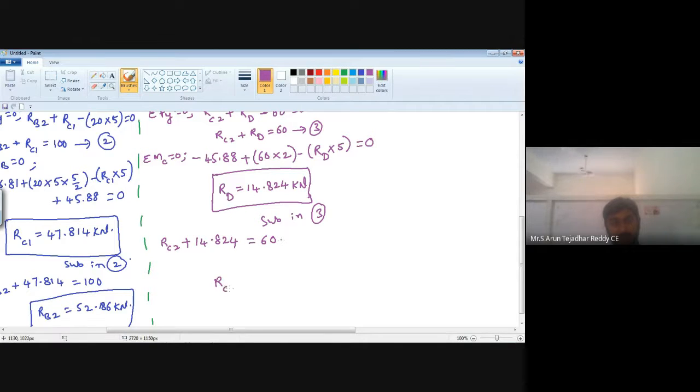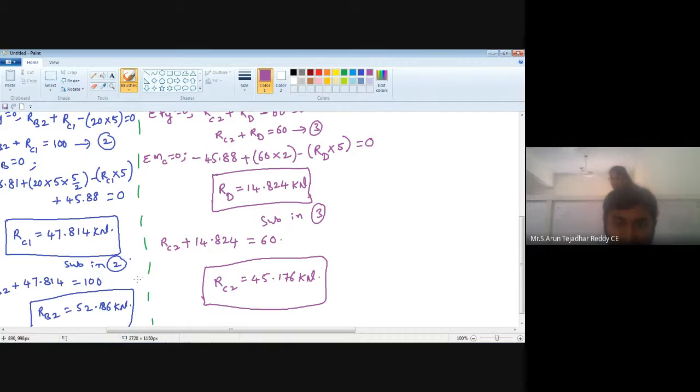Now RC2 is equal to 60 minus 14.824. What is the value here? 60 minus 14.824, that is 45.176 kilonewton. So these are the support reactions.